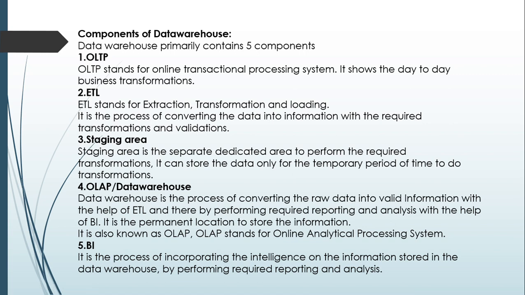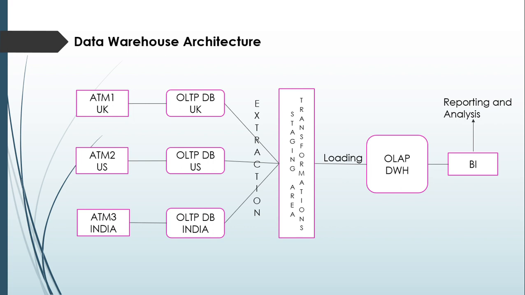So in real time, we will take the structured data from the data warehouse, connect to BI tools, and create meaningful insights. So we'll go to the next slide. This is how the data warehouse architecture looks.